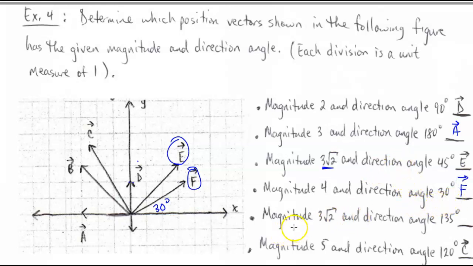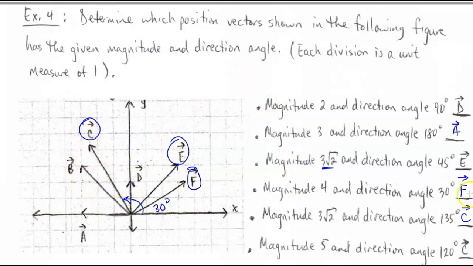And so we also see that we have a vector of magnitude 3 times square root of 2, but its direction angle is 135 degrees. Okay. Well, that's about 45 degrees into quadrant 2 if we are rotating this way. So here, angle C looks like it would make the most sense for that. Oh, sorry.